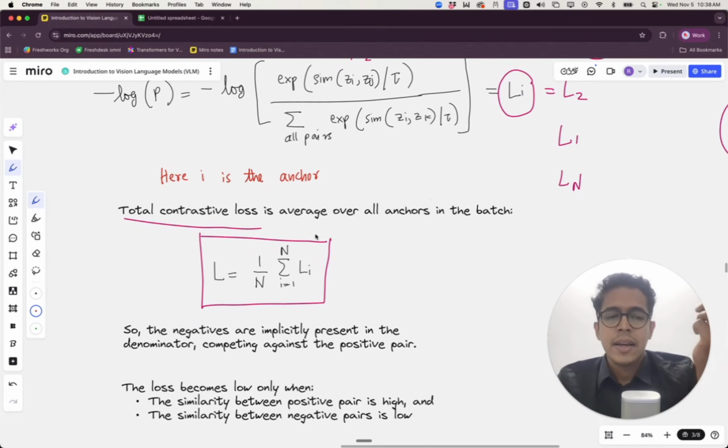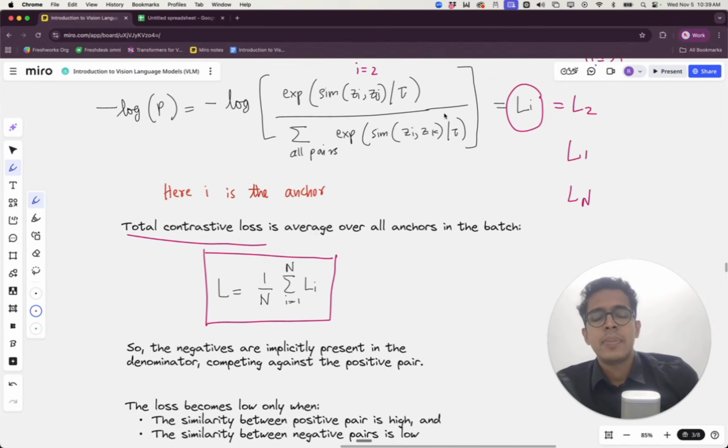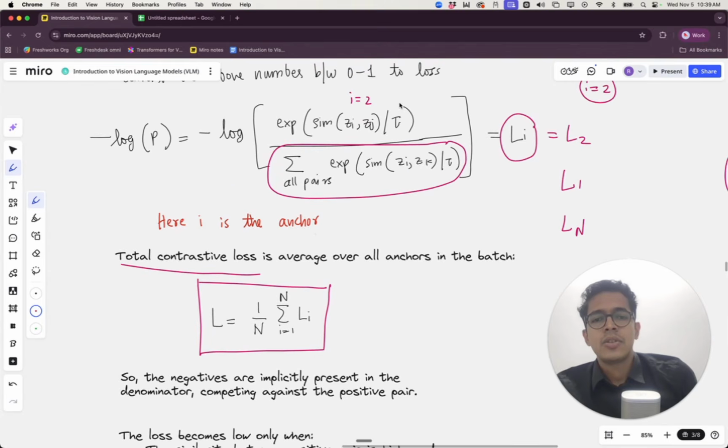One question that you may have is, here we understand that we are minimizing the loss for pairs with highest cosine similarity. But what about negative pairs whose cosine similarity will be very less? Negative pairs are implicitly present in the denominator. So in the denominator, if you are now considering a negative pair, then this number should be low, denominator should be high.